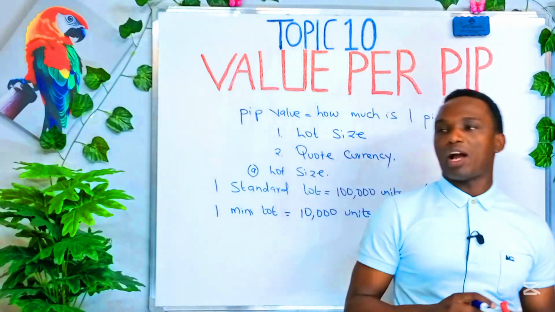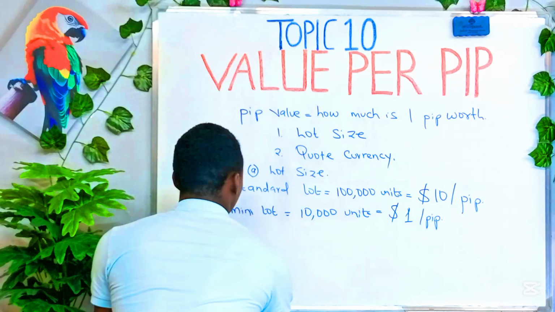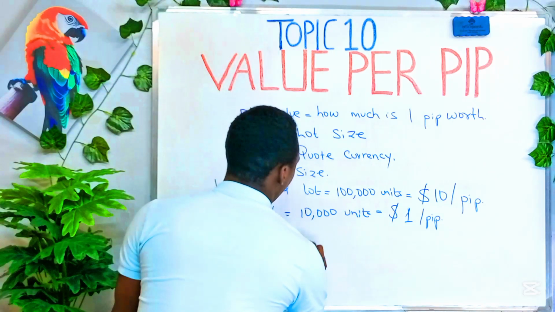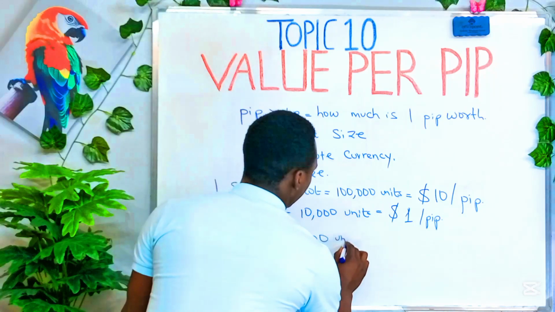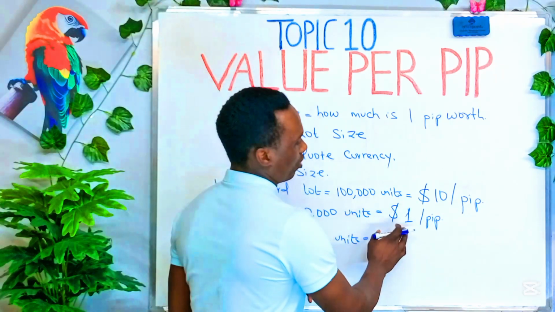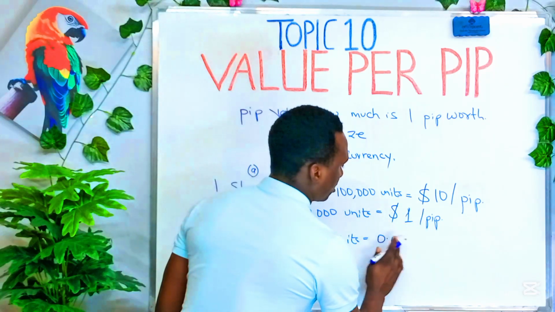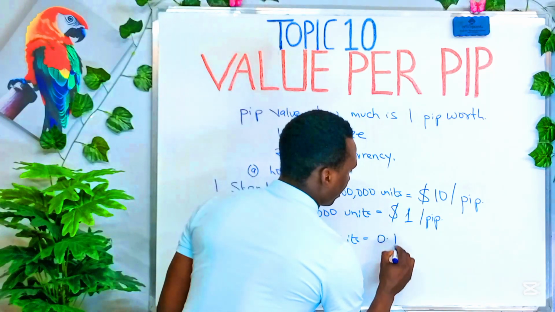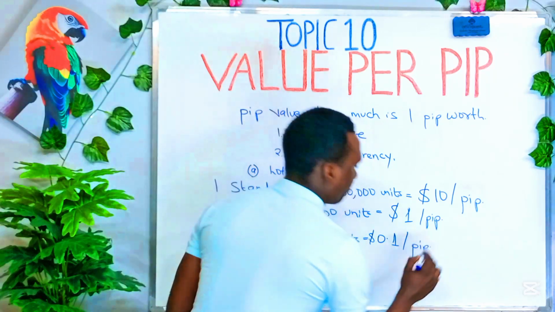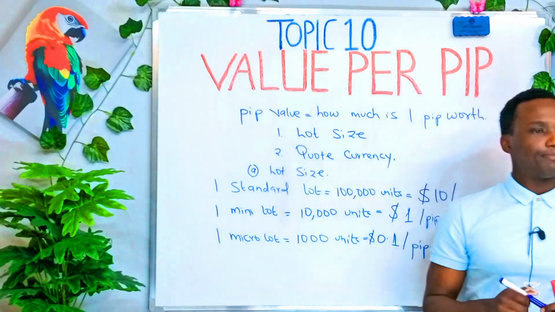What about one micro lot? How many units? 1,000 units, which is equivalent to one pip being worth $0.10. Good.